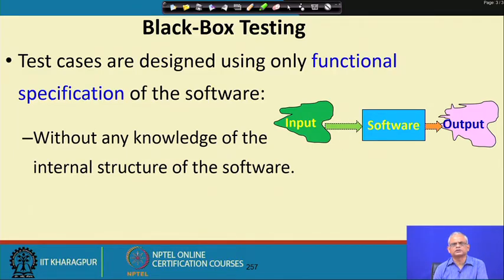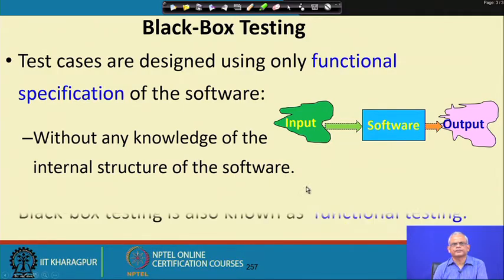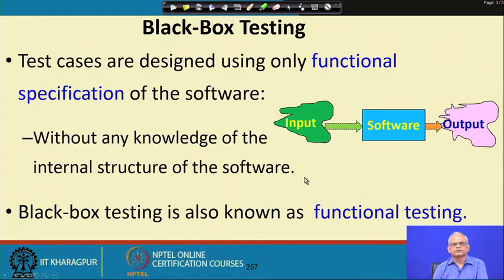We should not look at the internals of the software, only the input output behavior. Black box testing is also called functional testing, because based on the knowledge of the functionality, without looking at the code, we test it.